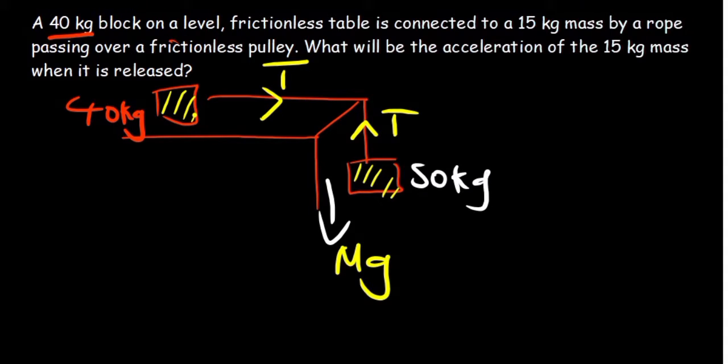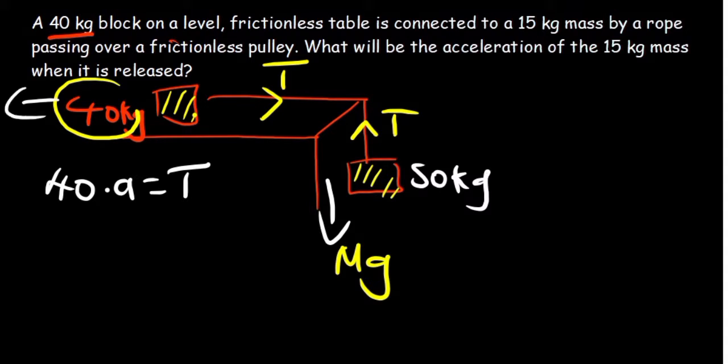Starting with the first one, our net force is going to be given as mass multiplied by acceleration. The net force is the difference between the force applied, which in this case is making it move, the tension, minus the opposing forces. Since it's frictionless, there is no opposing force to the left.